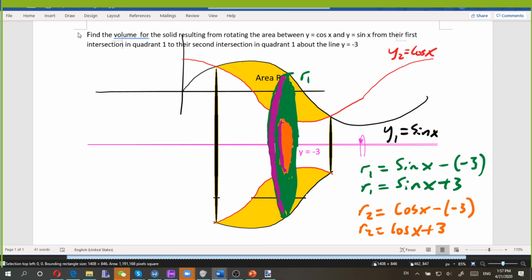So something like this. Let's go all the way up to that line. Okay. Any questions on what we're doing?